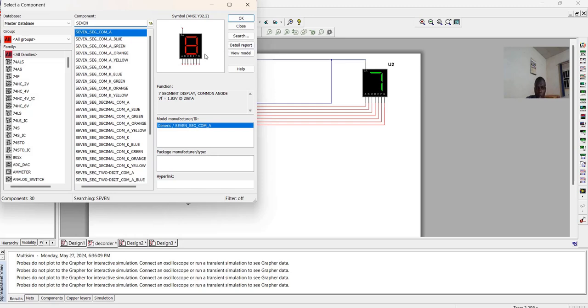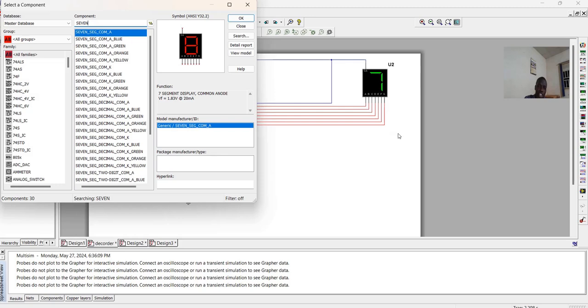The 7-segment display that I have used here is a common anode. The common anode configuration of a 7-segment display means that all the anodes of the LEDs in this display are connected together.